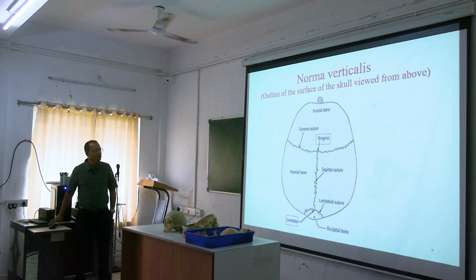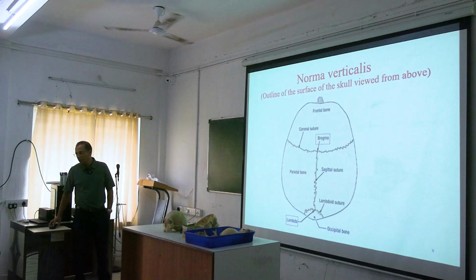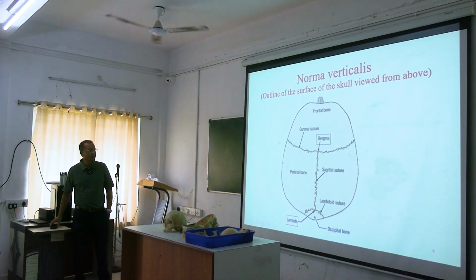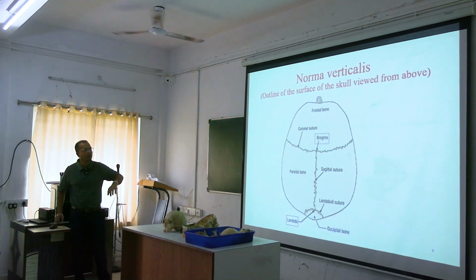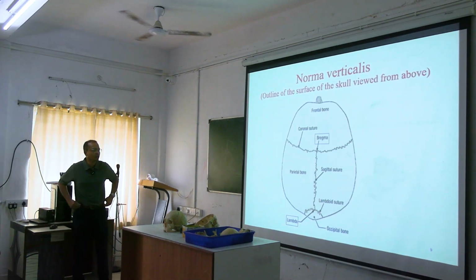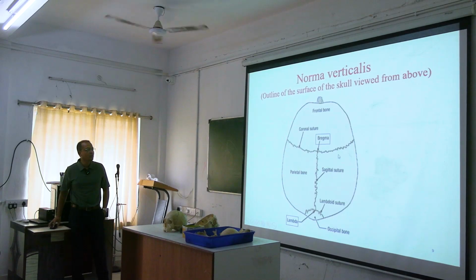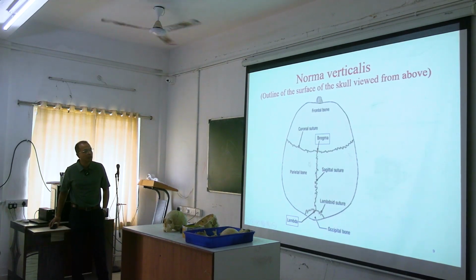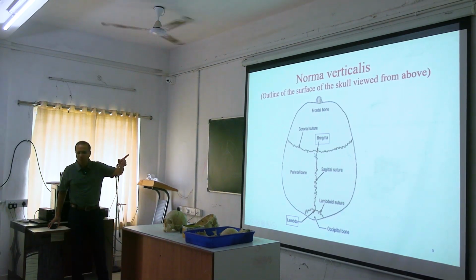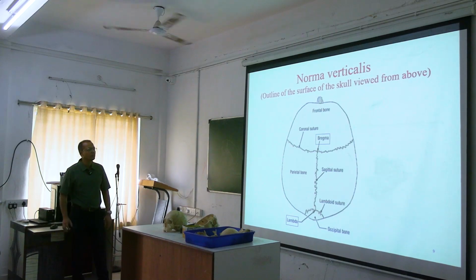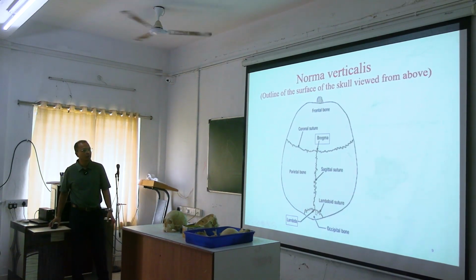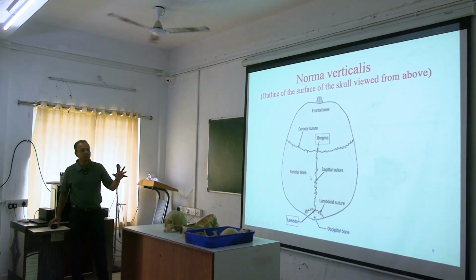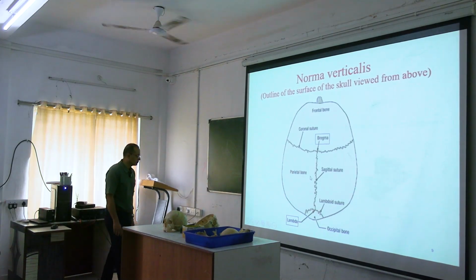We see the norma along with the sutures and the bones. Some other things you will learn individually later. Here we talk about the coronal suture, sagittal suture, lambdoid suture, and two meeting points, bregma and lambda. You should know what is meant by bregma, lambda, the lambdoid suture, coronal suture and sagittal suture, three of them.